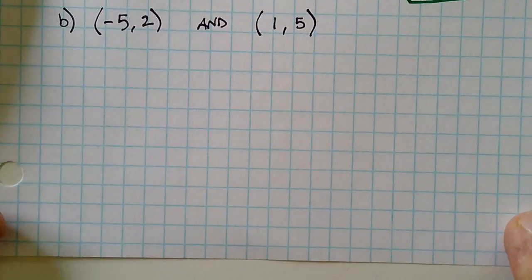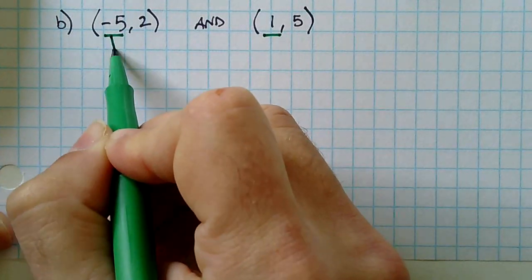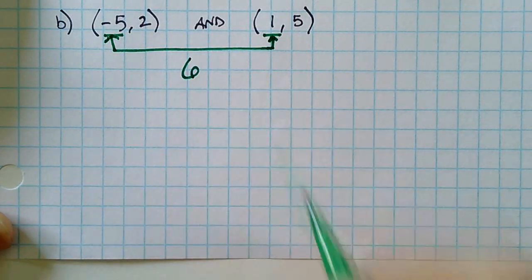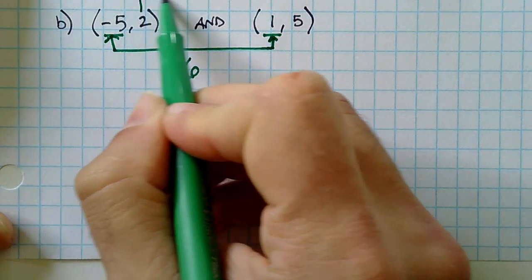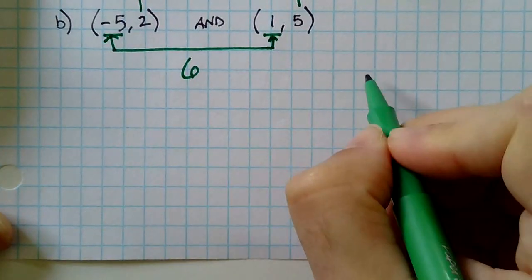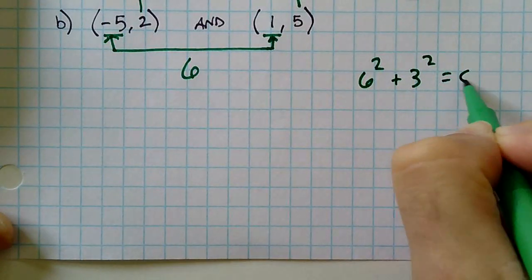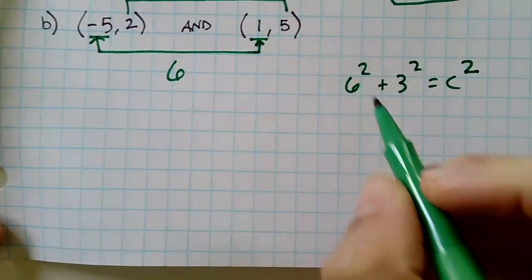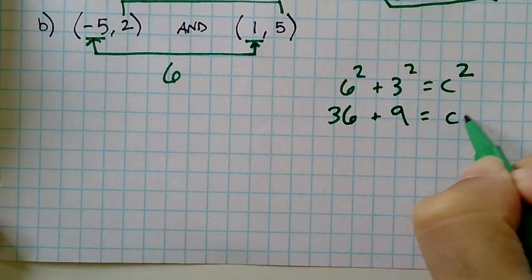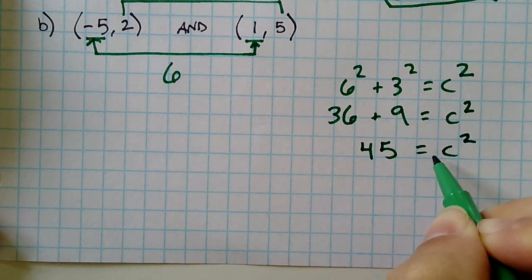Same idea here. We'll do one more example. I'm going to look at the x values and ask, how far is -5 away from 1? 6. How far is 2 away from 5? 3. So we would do 6 squared plus 3 squared equals c squared. 36 plus 9 equals c squared. 45 equals c squared.